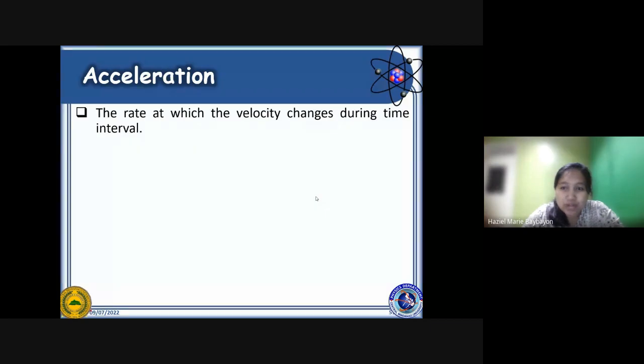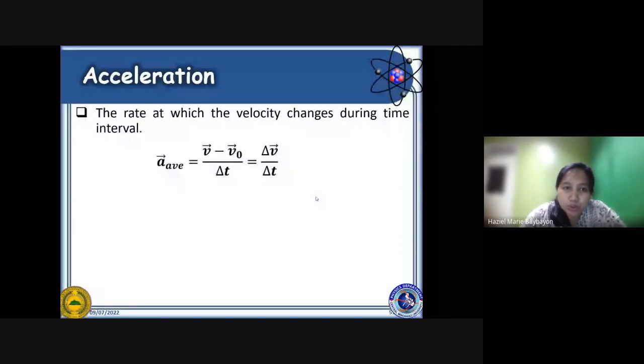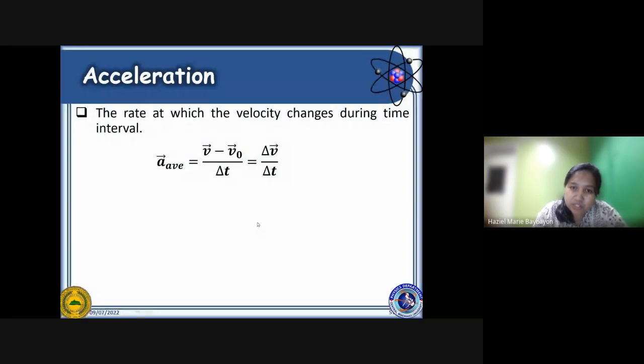We can define the average acceleration as V final minus V initial divided by delta t, the time interval. So you have change in velocity divided by change in time. That is acceleration.